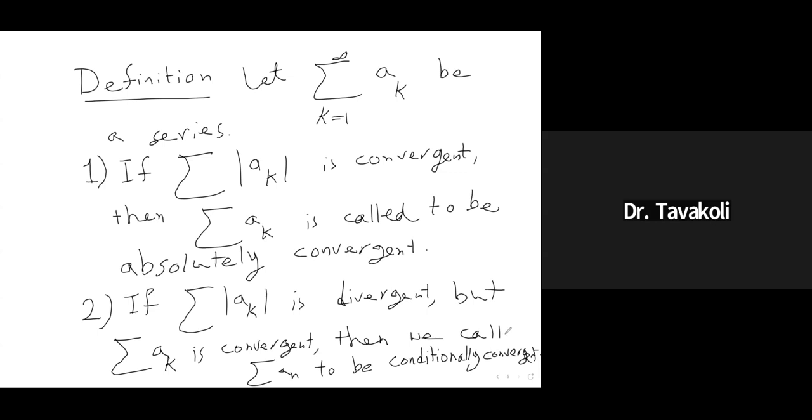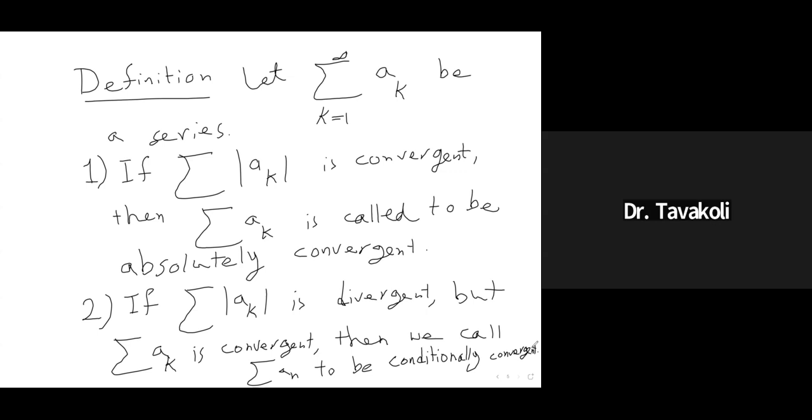Let me make this last word a little bit more clear. We call it conditionally convergent. So if sigma of absolute value of a series is convergent, the series itself is called absolutely convergent.